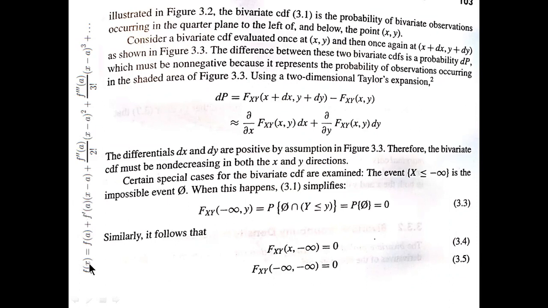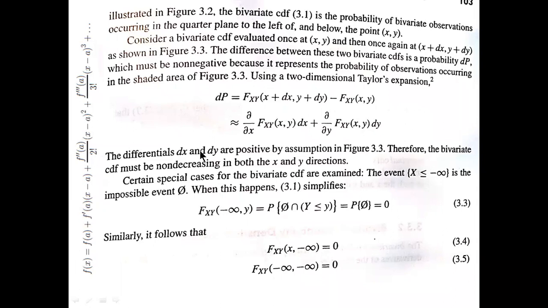So if you write x plus dx, then you can write this as f of x plus f dash x dx plus f double dash x by 2 factorial dx square and so on. We'll take only the first-order approximation, up to the second term over here.